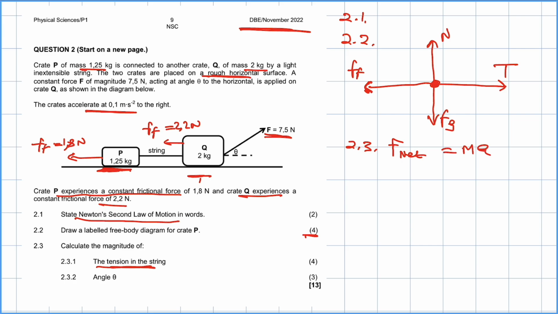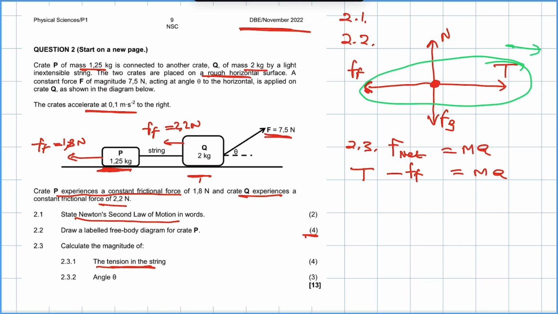F net for crate P, we're choosing right as positive, meaning we're going to have T minus the frictional force equal to ma. We're doing only the horizontal forces because this object is going horizontally to the right.